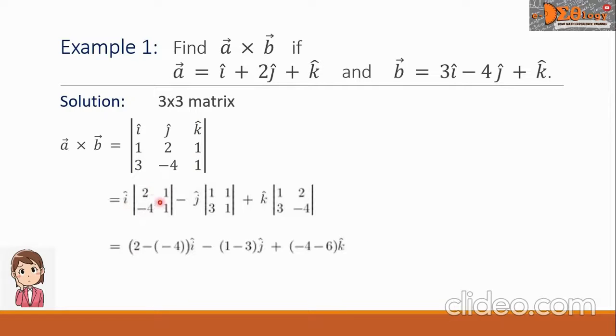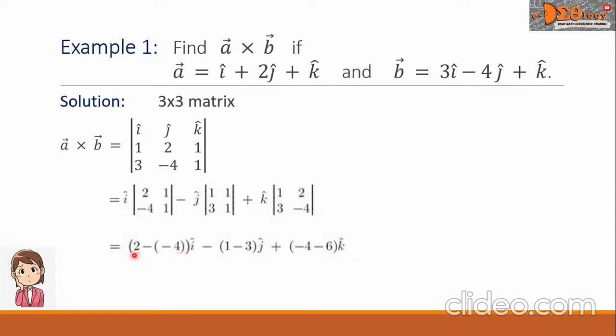So we have 2 times 1 is 2 minus negative 4 times 1 is negative 4, then we copy the element i. Minus 1 times 1 is 1 minus 3 times 1 is 3, then we copy the element j. Plus 1 times negative 4 is negative 4 minus 3 times 2 is 6. This is multiplied by the element k.